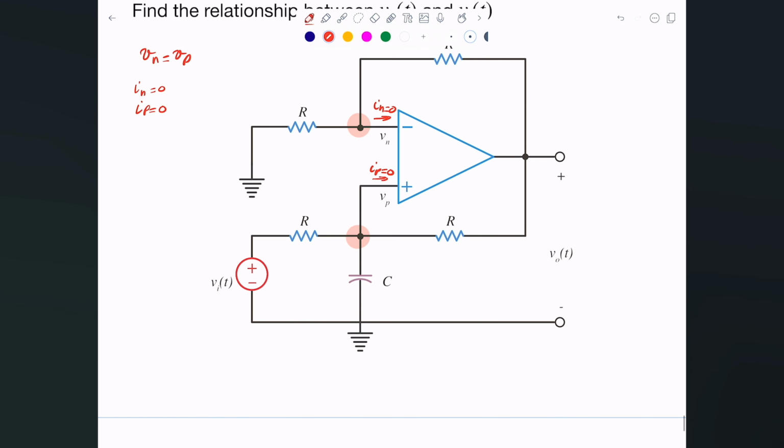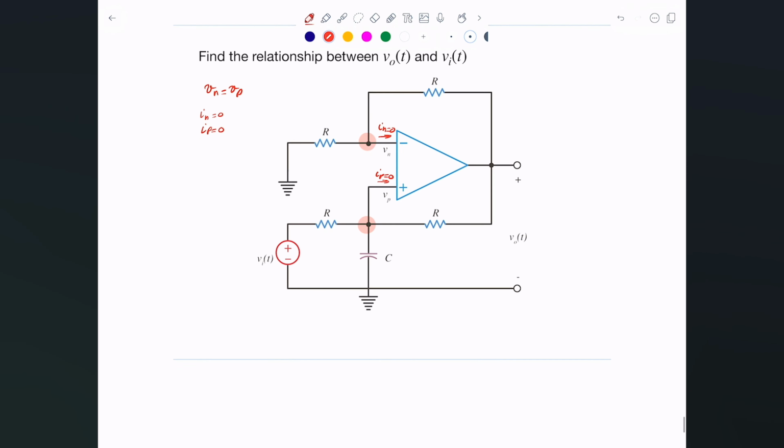If you're more comfortable, we can write a nodal equation. But I can tell you that Vn is simply one half of the output. If you write the nodal equation, let me show you: (Vn minus 0) divided by R plus (Vn minus Vout) divided also by R equals 0.